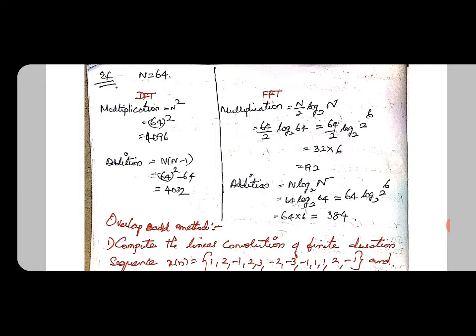So the additions required will be 384 additions in FFT, for the given N value 64. From this we can see why we go for FFT from DFT.